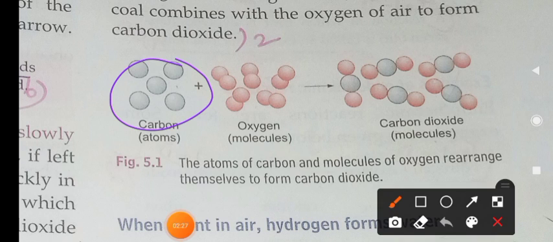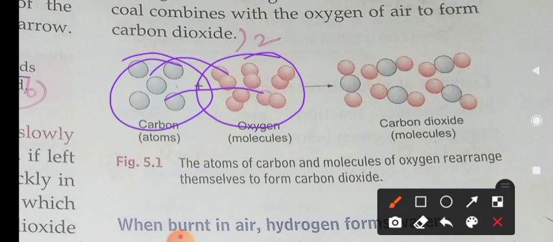So, the atoms of carbon and the molecules of oxygen, when they combine, how do they rearrange themselves? See, the molecules of oxygen get inserted into the carbon. The reddish ones are the oxygen molecules and the grey ones are the carbon atoms.